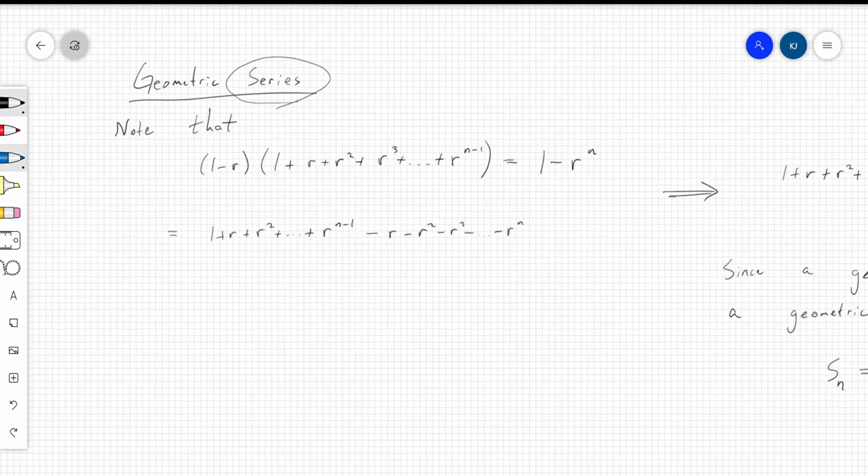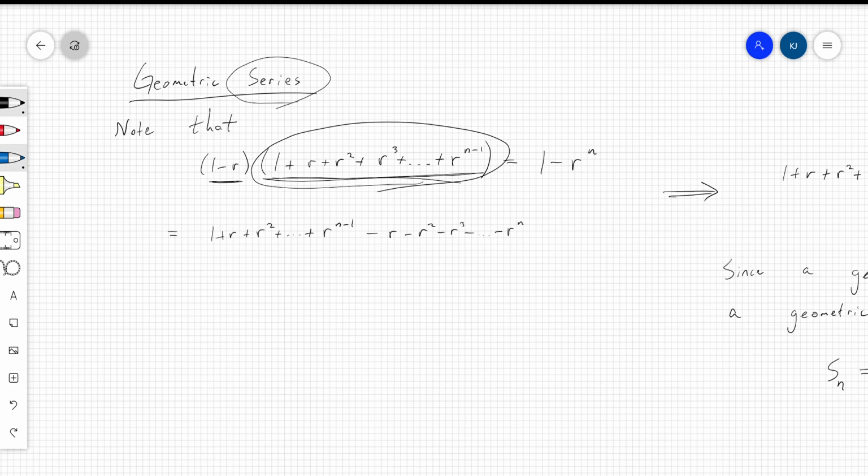So note that if you take this expression, it actually will reduce to 1 minus r to the n. So this is 1 minus r times an increasing set of powers of r that I'm adding up. In a geometric series, we're going to want to add up an increasing sequence of powers of r.